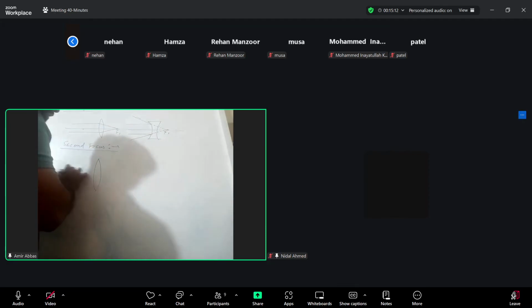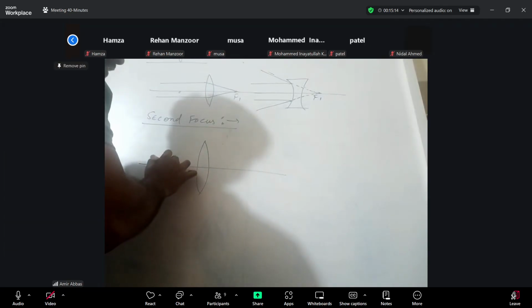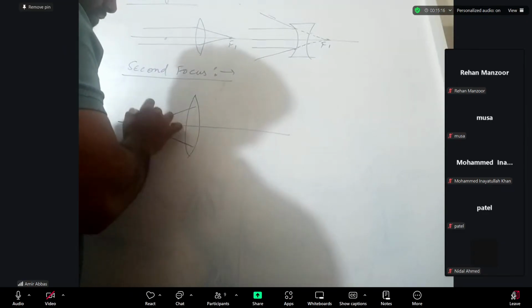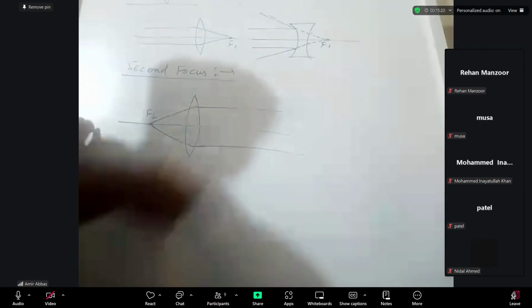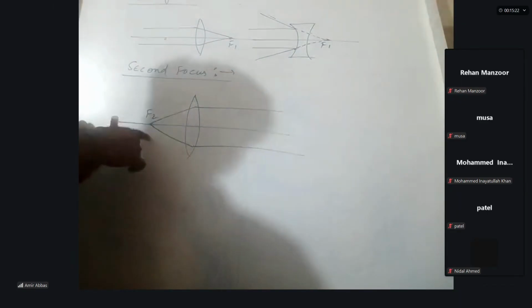So for the convex lens, let us say this is the point. The light rays are going from there. They become parallel to the principal axis, so the image gets formed at infinity. This is called the second focus.